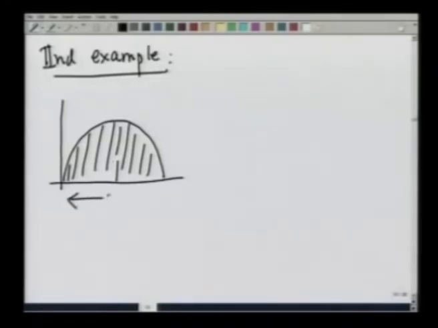So obviously its diameter is 2r. This is the x axis, this is the y axis, and I wish to calculate its centroid. From symmetry you can make out that the centroid must be on this axis somewhere, but I want to explicitly calculate it to show you how to do it.